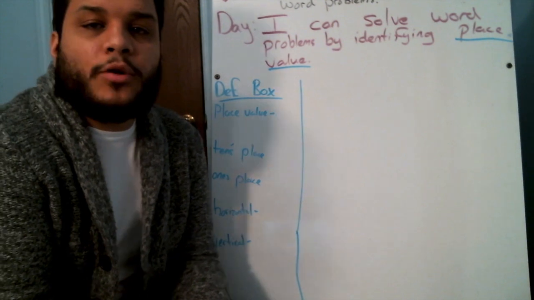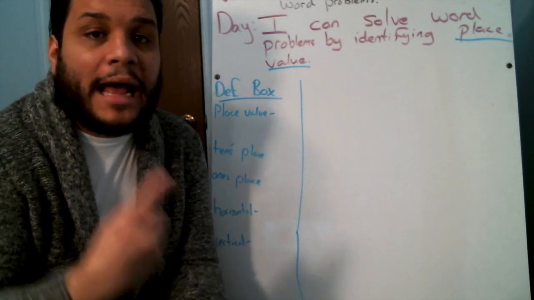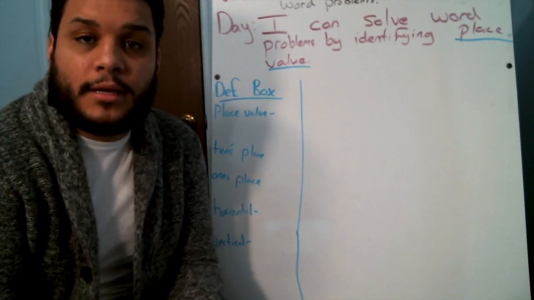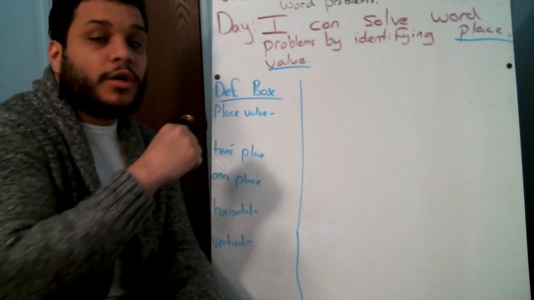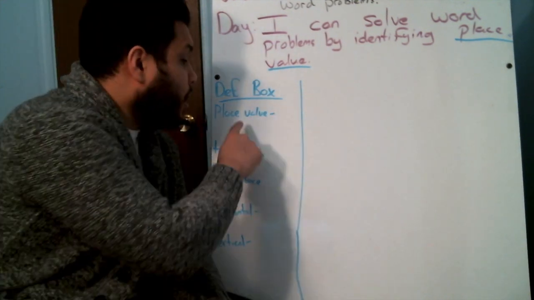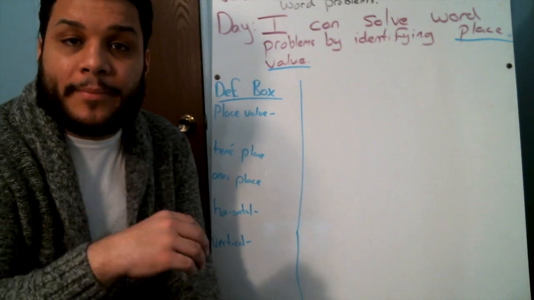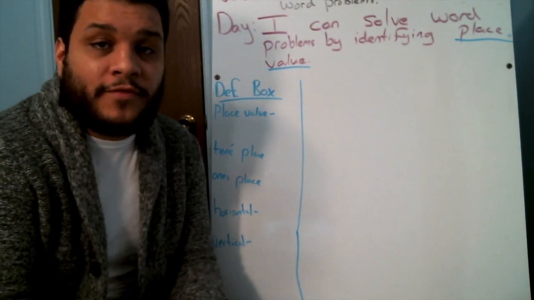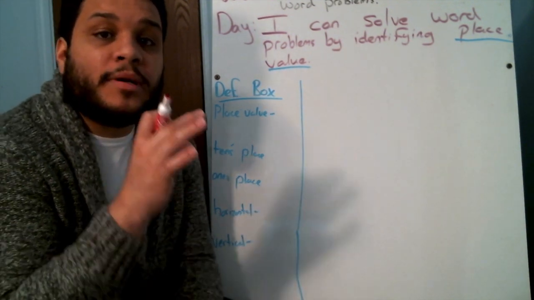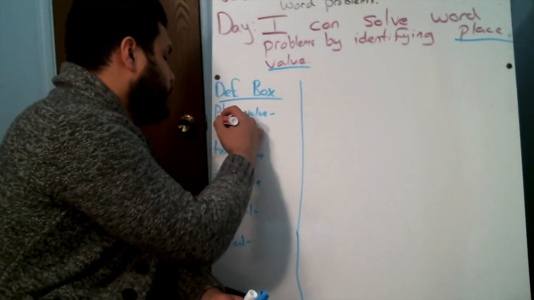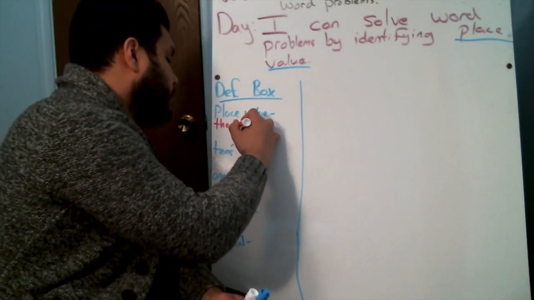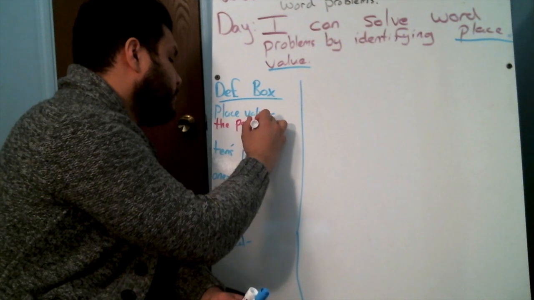In order to define place value, I have to think of something important. It has the word place, and it's talking about the value of that place. So the way that I will define place value is the position of a number that gives its value.